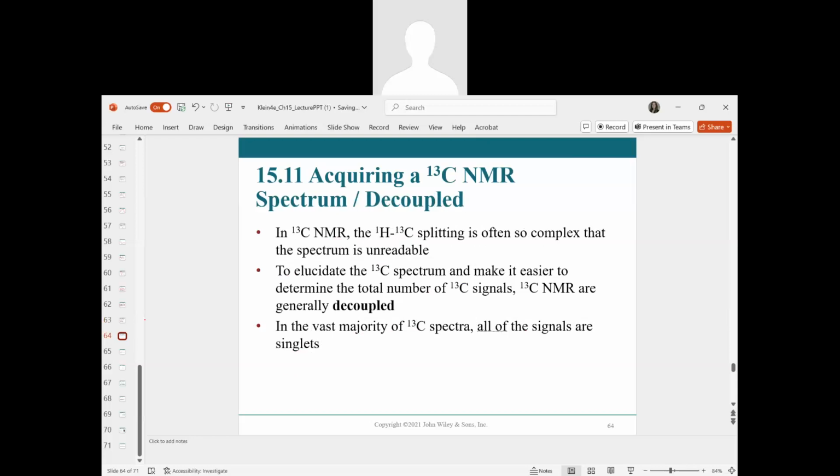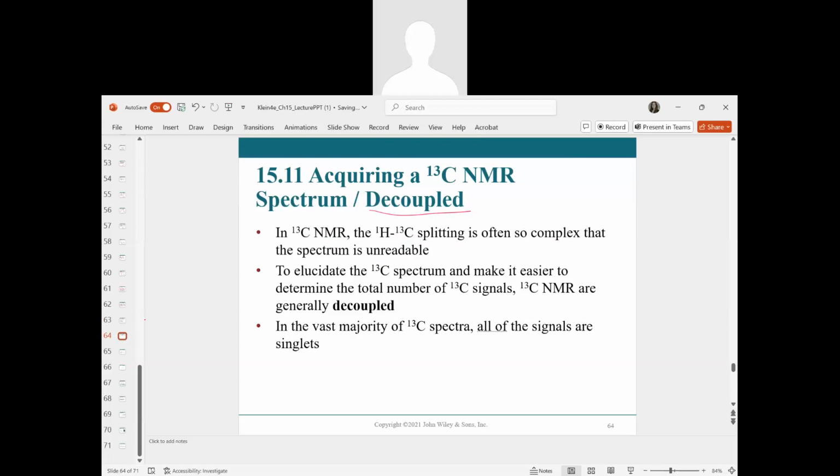Generally, when we acquire this carbon-13 spectrum, we use this process of decoupling. A broadband decoupled carbon NMR spectrum is generally what is produced and analyzed.